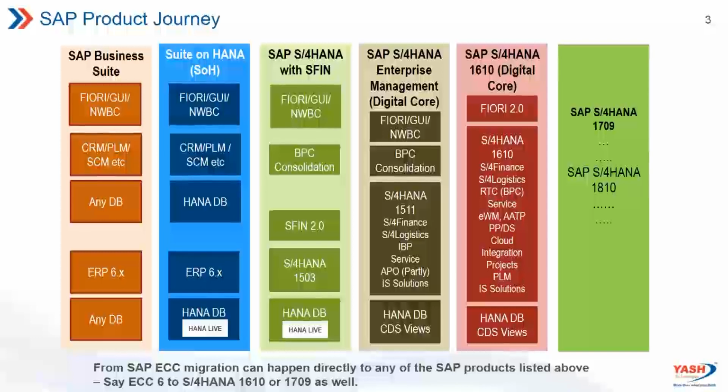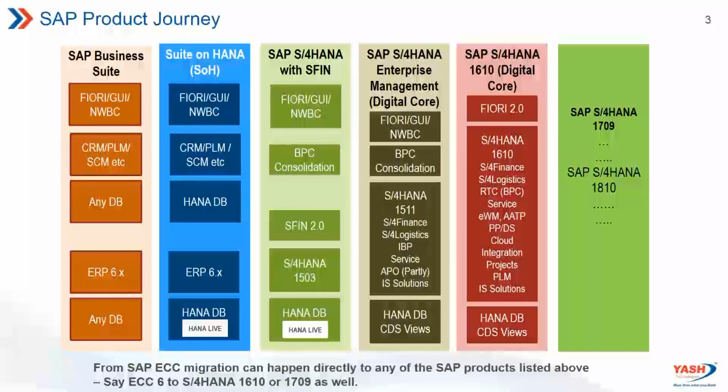S4HANA 1503 was predominantly also called Simple Finance, wherein Simple Finance was running as an add-on. Both Suite on HANA and S4HANA also had an added advantage that apart from doing transactions, people were able to run their analytics by way of HANA Live. HANA Live is a component running on the HANA database with all the database structures, the HANA artifacts as they call them, which would help users have live operational reporting.